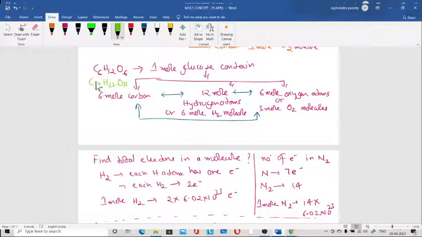H22O11. So in place of 6, 12 will come. In place of 12 hydrogen, 22 hydrogen will come. In place of 6 oxygen, 11 oxygen will come. Got it? So everything that is here will be translated right away.